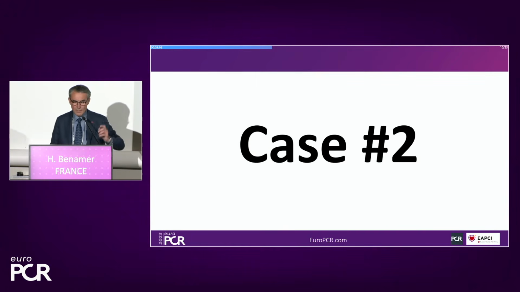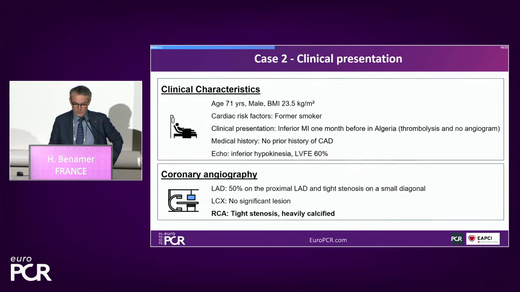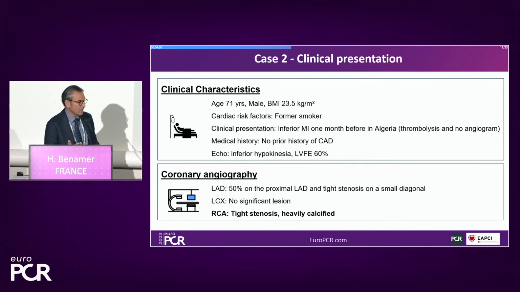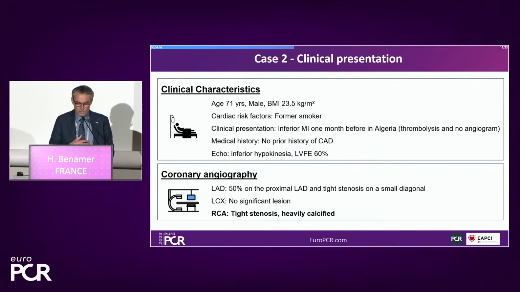Let me show you now a second case, which was a little more complex regarding the coronary lesion. It is a male, again, 71 years old with a known high BMI, a former smoker. He came to the institution after a myocardial infarction one month before. He was in Algeria. He had a thrombolysis, but no angiogram and no PCI, of course.